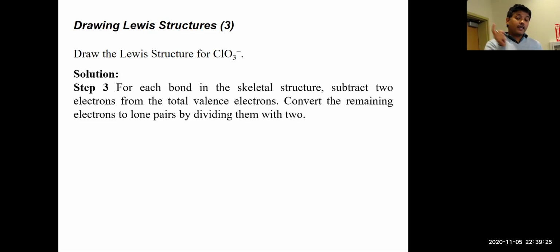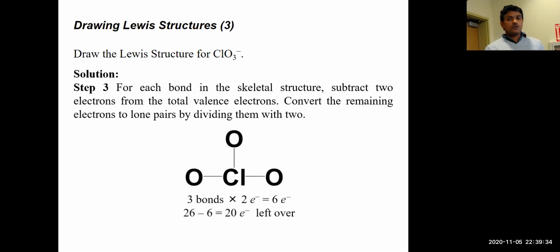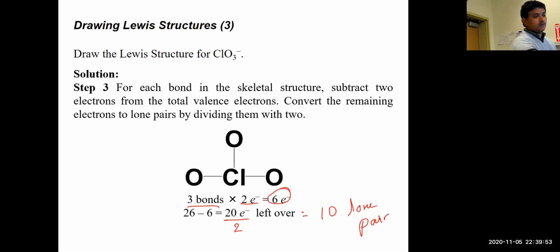Now you are going to take away the electrons that you use for bonding between chlorine and oxygens, and then find out how many lone pairs they could make up to. Because you made 3 bonds and each bond is 2 electrons, you used 6 electrons, and 26 minus 6 is 20 electrons, and 20 over 2 is equal to 10 lone pairs. You have 10 lone pairs now.